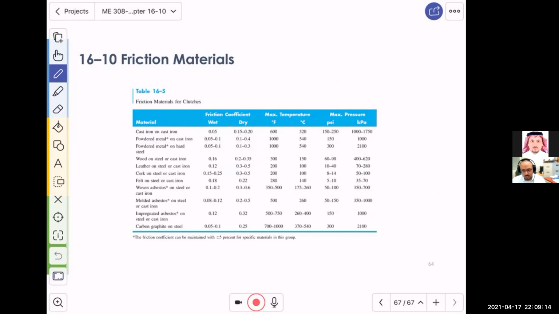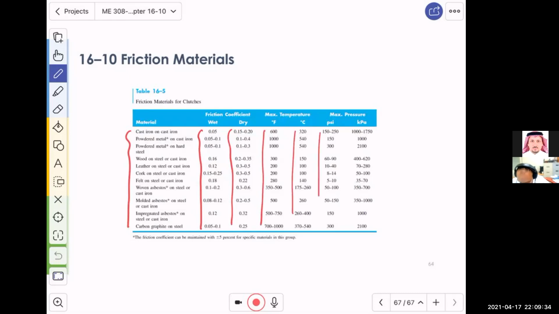This is the same story, except that the other one was for a brake and this is for a clutch. And again, you have the material, and then you have the friction, whether it is wet or dry. And you have the maximum temperature in Fahrenheit or degrees Celsius, as well as the maximum pressure. So this is for clutches.